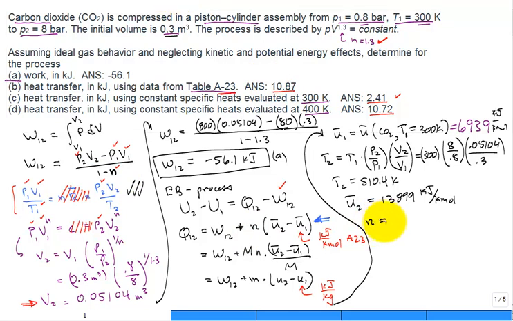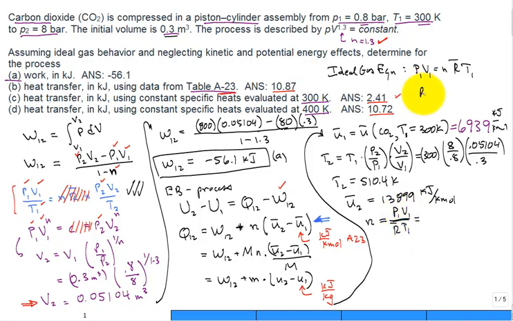Well, we can go back to the ideal gas equation. There are many versions, but the common version is P1 V1 equals N R bar T1. So you solve for N, which is P1 V1 divided by R bar T1. I'm running out of room, but we put the numbers in.